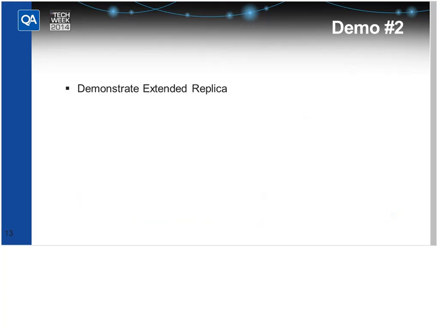Because at the end of the day, I could sit here and configure it with Active Directory, and life would be easy, and it would be pretty straightforward. So what I wanted to do was have a machine which I'm going to run inside a workgroup and connect across to use that third machine as my extended replica system. So we are going to use the same set of virtual machines.